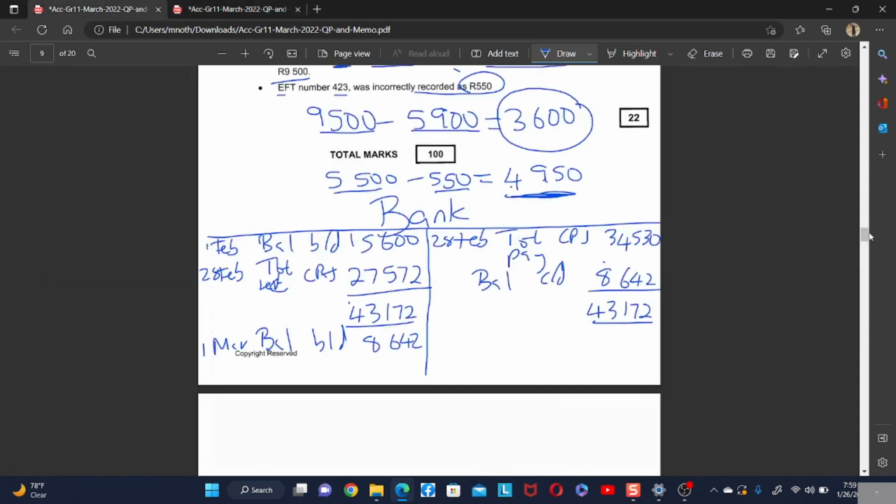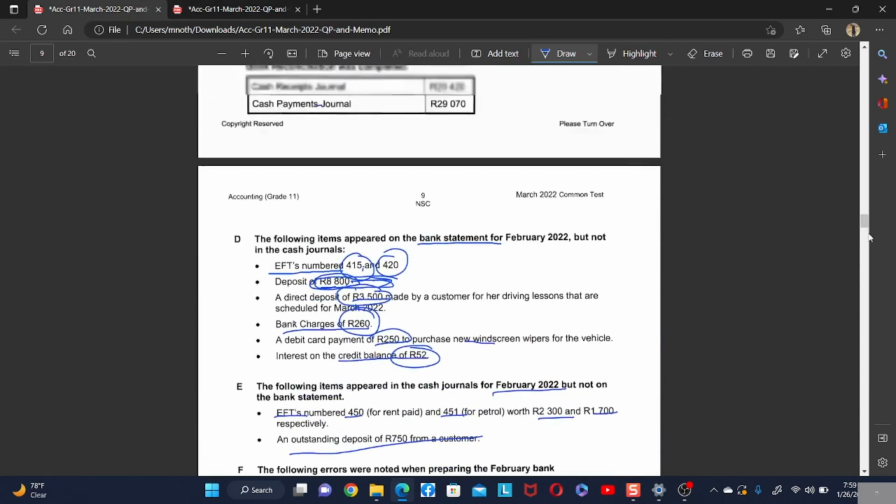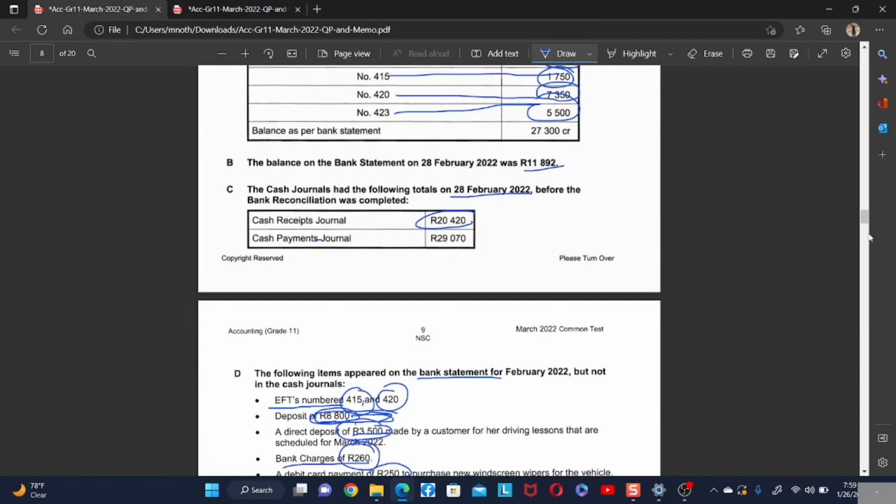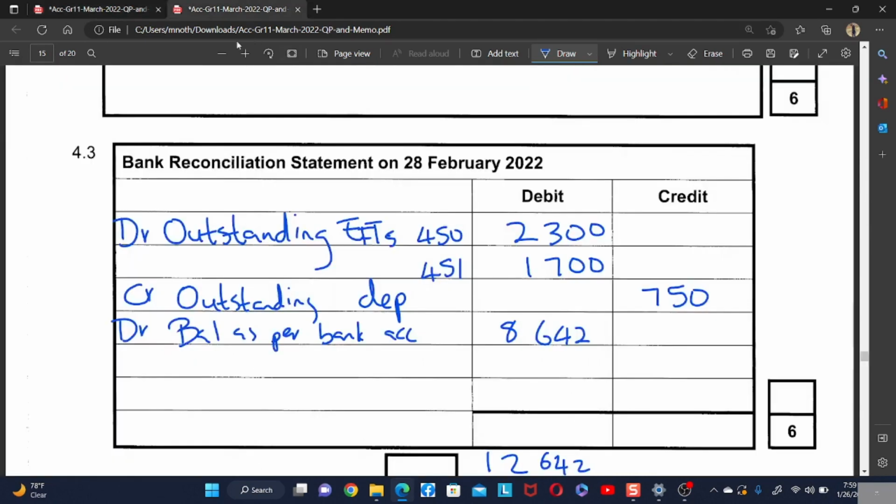For it to balance, because we were not told whether the balance on the bank statement was debited or credited, we need to assume that because the debit side is bigger, the balance as per bank statement must be credited so that the bank reconciliation statement can balance.